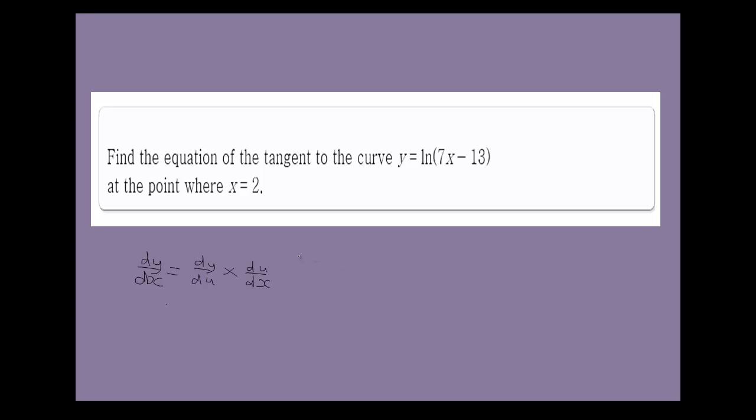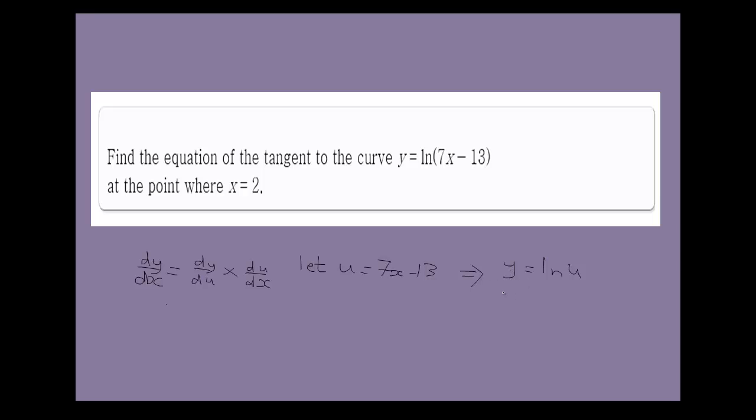So we start off by making the substitution u equals the inner function up here, which is the 7x minus 13, the bit in brackets, which then implies that our original function changes from y equals ln of 7x minus 13 to y equals ln u. We now have two separate equations, u equals and y equals, both of which we can differentiate.